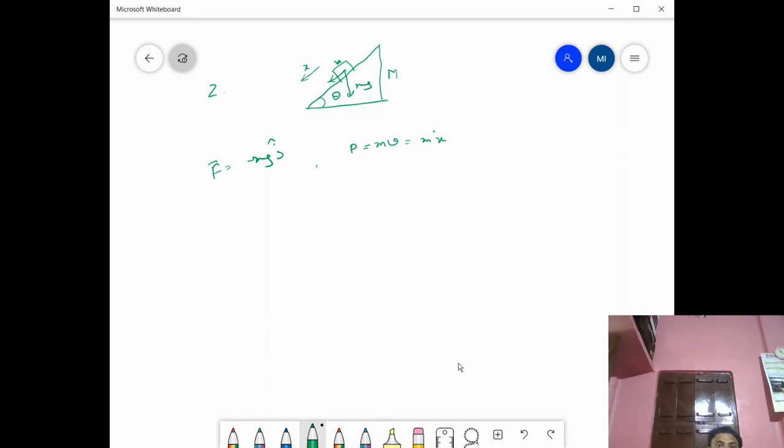Then delta r will be equal to delta x into x cap, the unit vector along this direction.